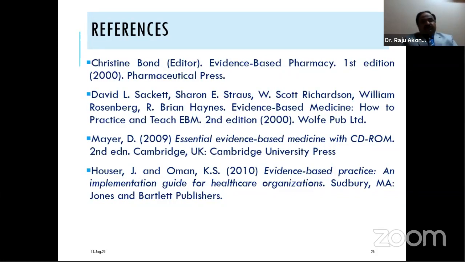One more important thing I should tell you: the PICOT format is the common format of writing a clinical question everywhere in the world, not only in India, not only in some parts of the world. All the clinicians, pharmacists and researchers understand it. The databases which are prepared and available also understand that.